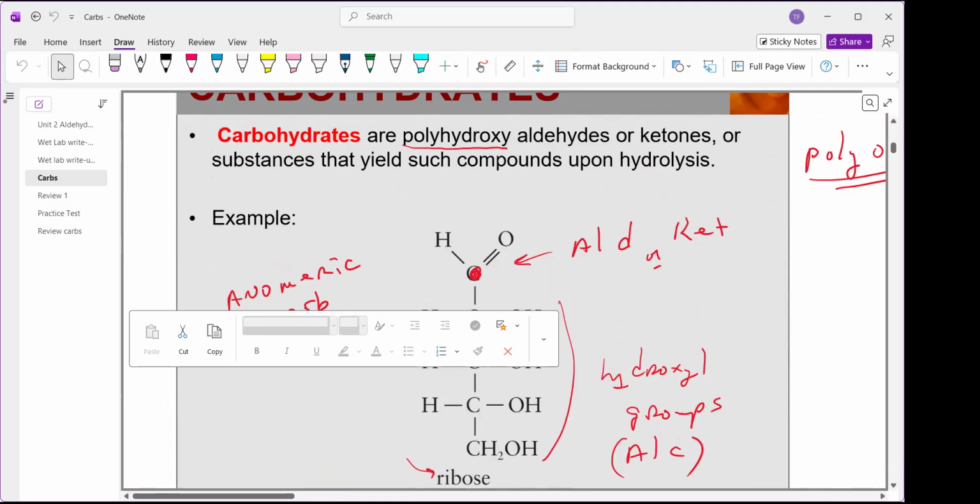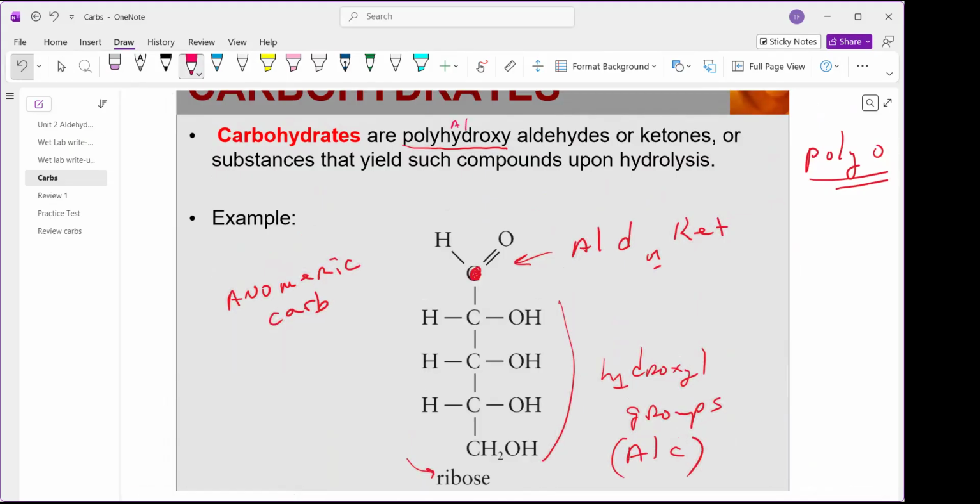Okay, the deal is carbohydrates are polyols, and aldehydes or ketones, all in one molecule.